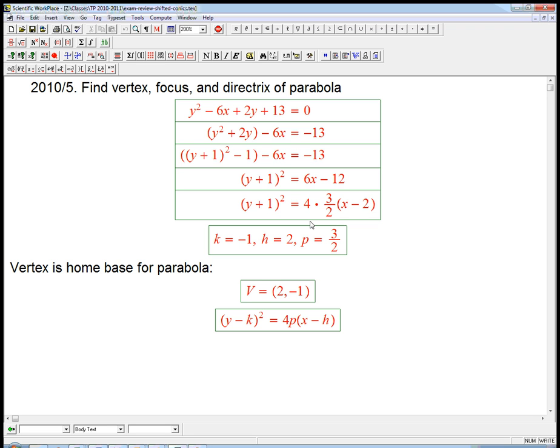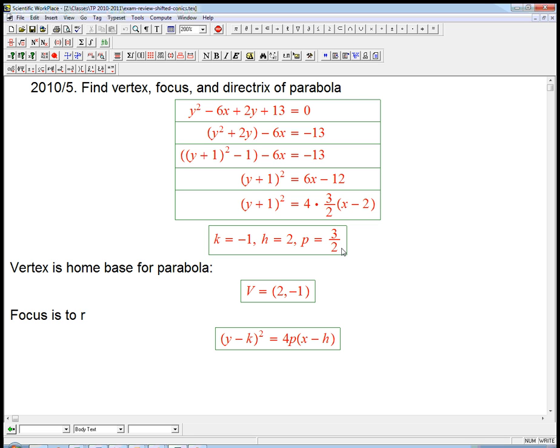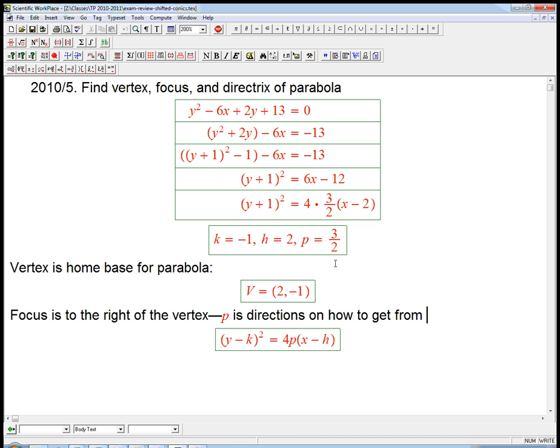And of course it's sideways because it was a y squared equals 4px type. And so the focus is either left or right from the vertex, and the p says it's going in the positive direction. Okay, and the p, remember, contains the directions on how to get from the vertex to the focus.